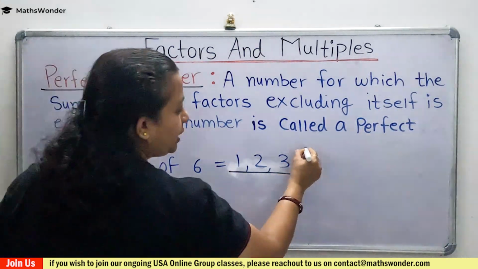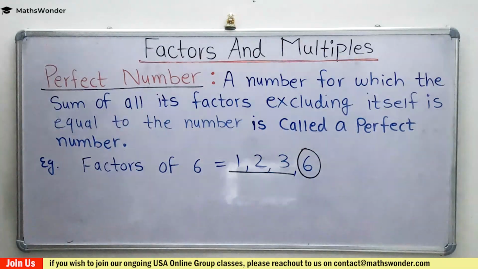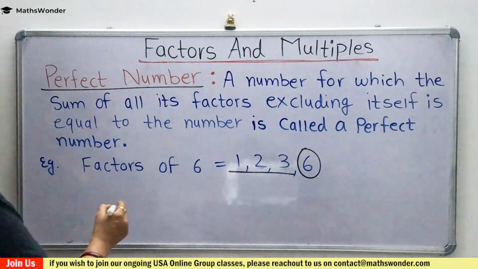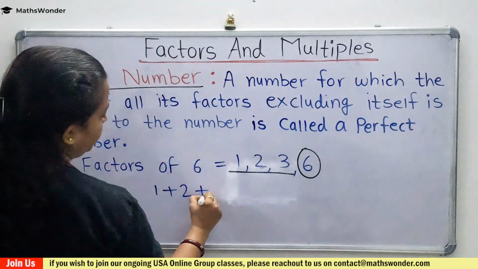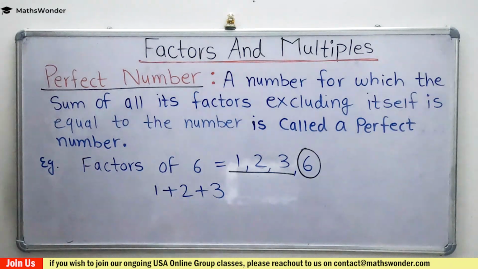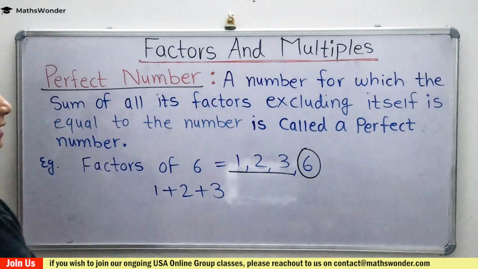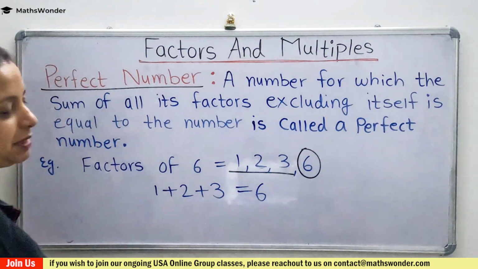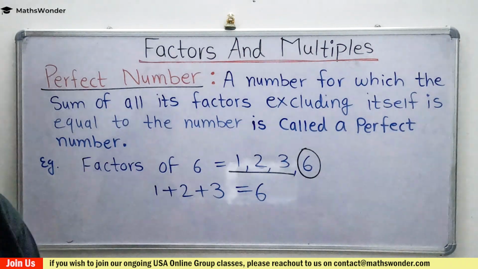So just exclude the 6, and take the sum of the others: 1 plus 2 plus 3. When you add these three, we get the same number, 6. That means it's a perfect number.